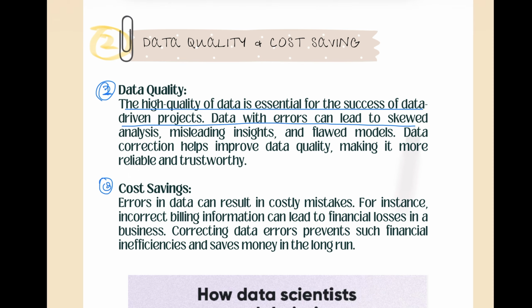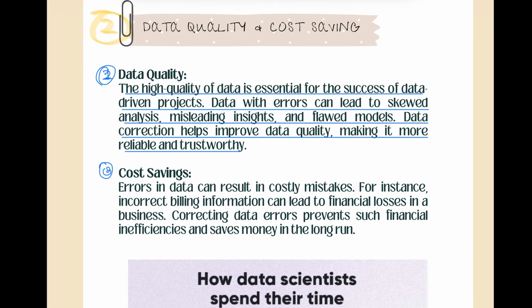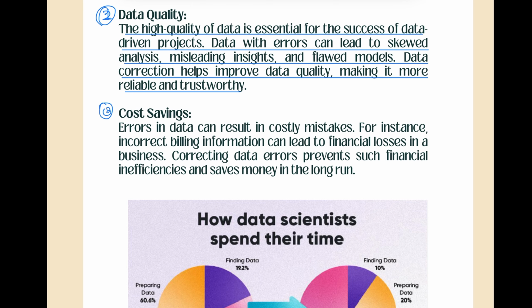Data with errors can lead to skewed analysis, misleading insights, and flawed models. Data correction helps improve data quality, making it more reliable and trustworthy. After the corrected information, data quality is the second most important.